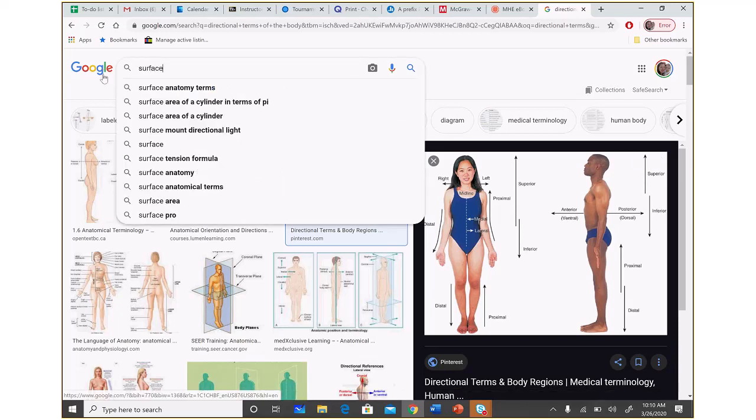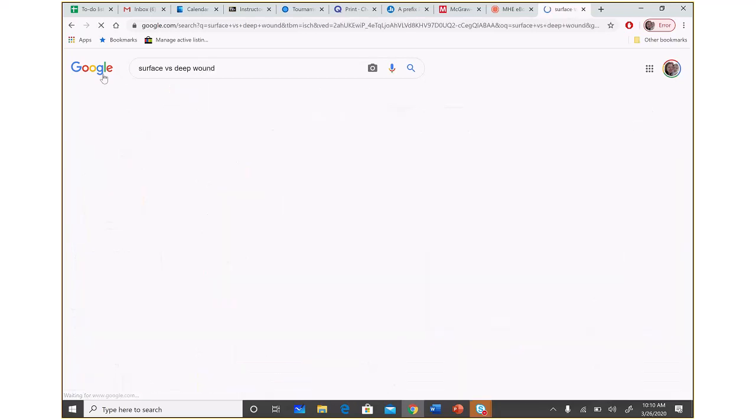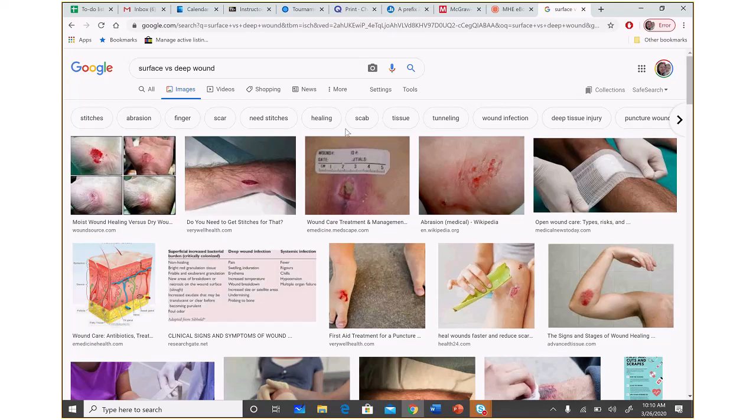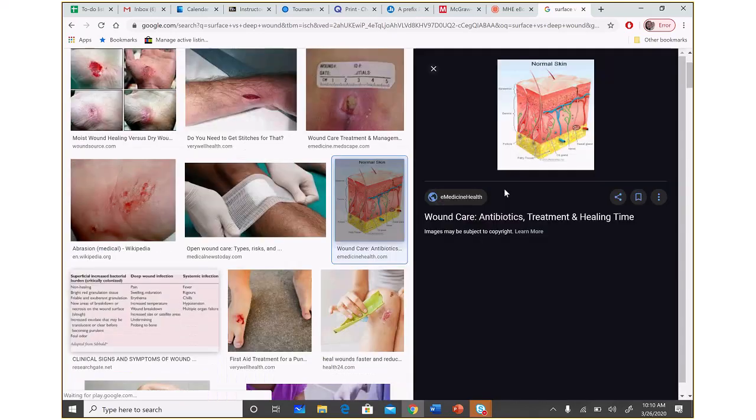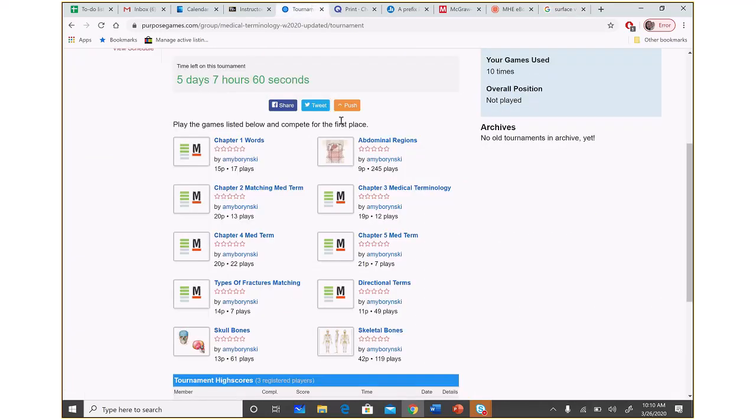Whereas a deep wound would be just that, something further in. So superficial just means to be towards the surface, whereas deep means to go in nice and far.